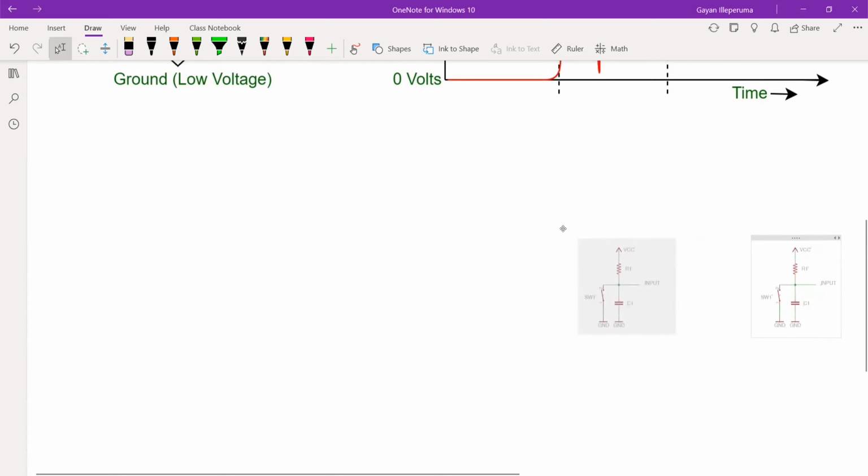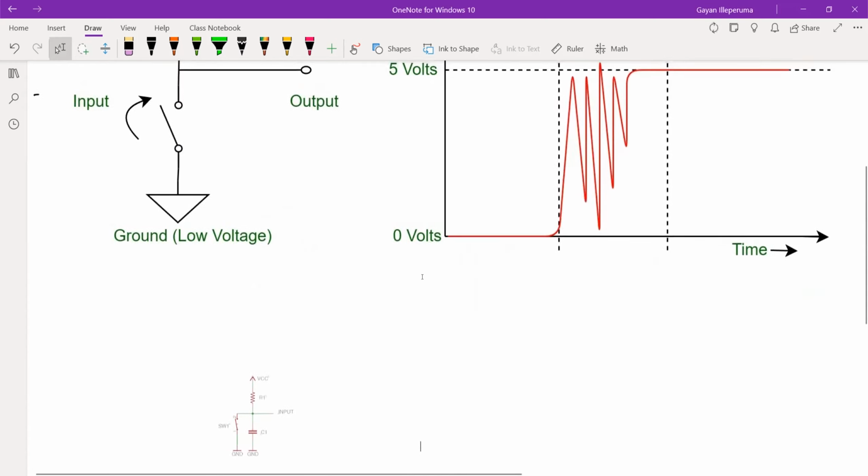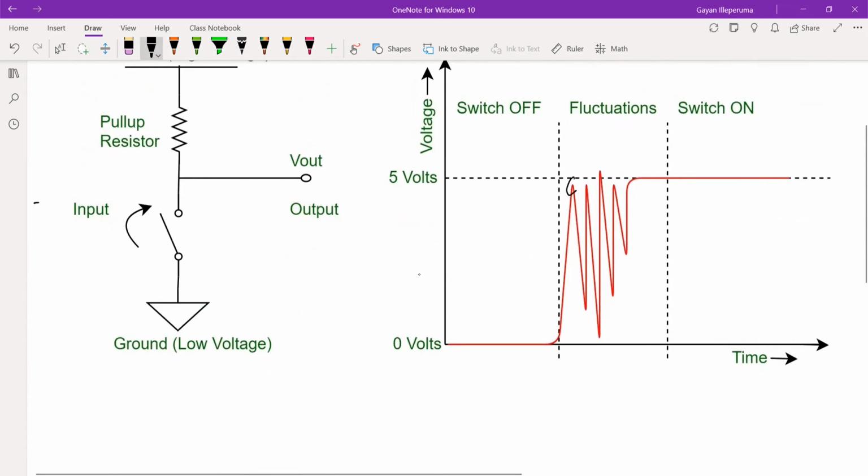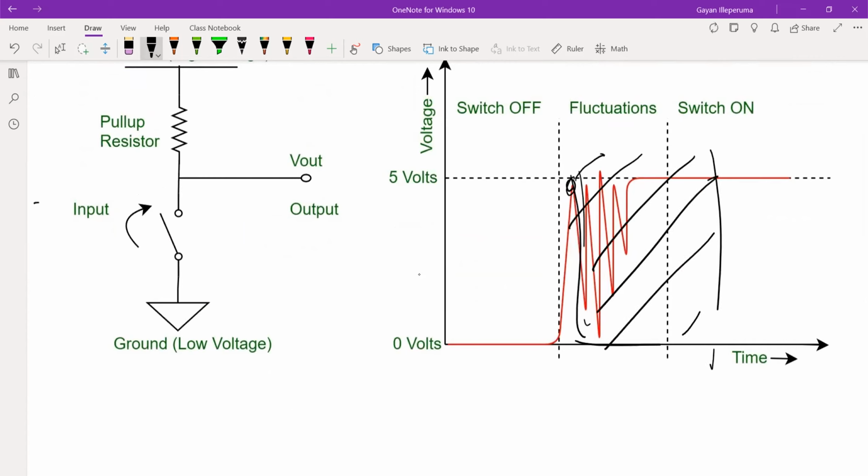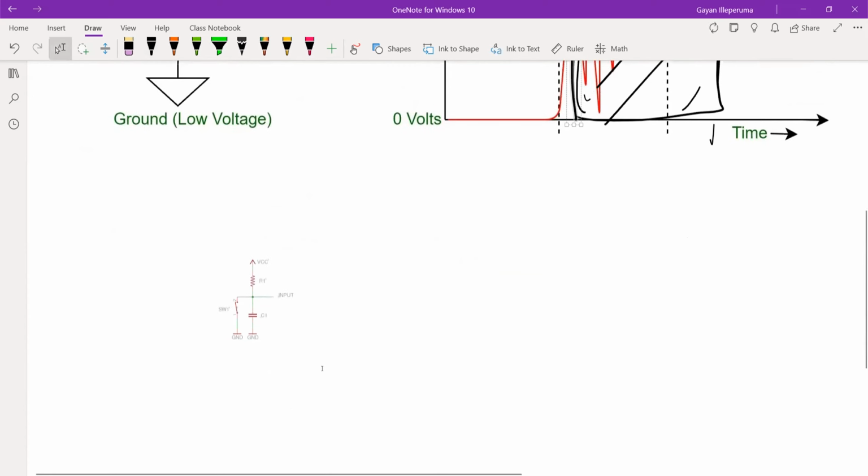So once it reaches this particular state and is identified as a change of state, it will ignore whatever comes after that for a particular period. During that period, the microcontroller will effectively ignore whatever fluctuations happen. That's the software approach.